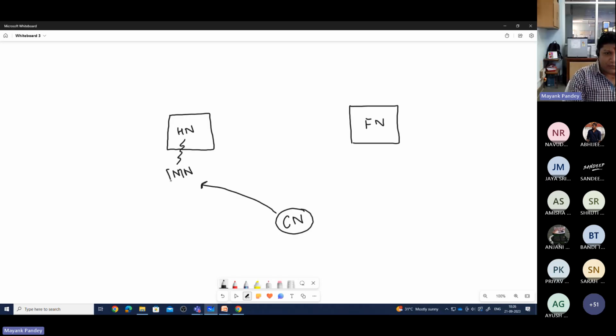Obviously, the mobile node would have an IP address and everything related to its home network. Now, the mobile node can change its point of connection and move from its home network to the foreign network, meaning these two networks have different network prefixes.